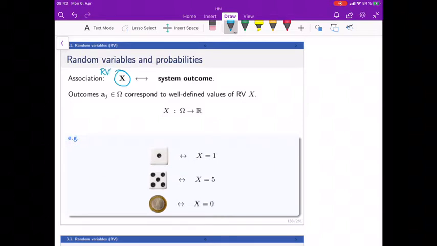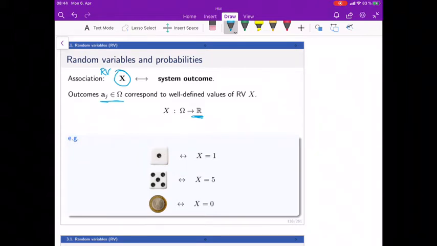And we can say, okay, the outcome, when this system produces some random result, is a number, because we always need to calculate with numbers, and so we associate this outcome here, any of the outcomes are possible, with a real number. That is the idea of a random variable.